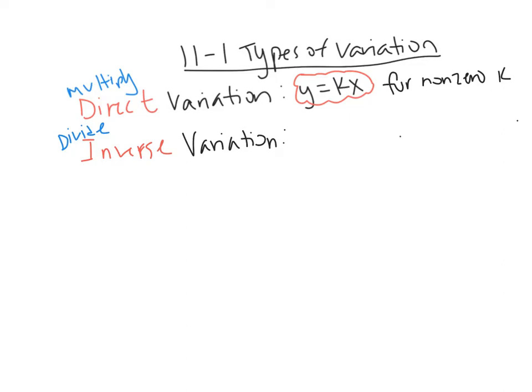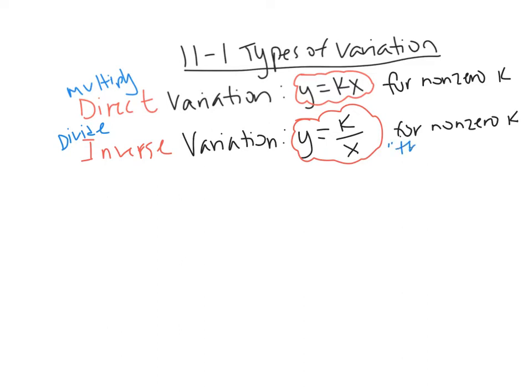That means that instead of writing it as y equals kx, we're going to take k and divide it by x to get to my y. So inverse, think divide. And again, it's always for non-zero k. So think fraction.